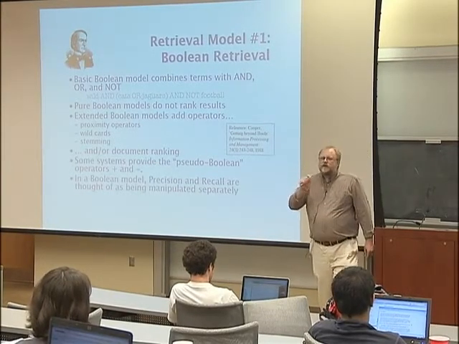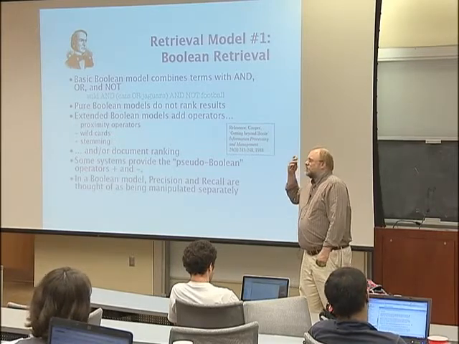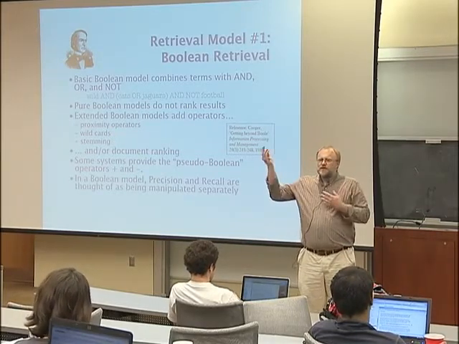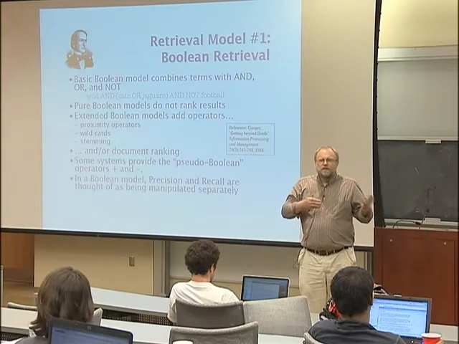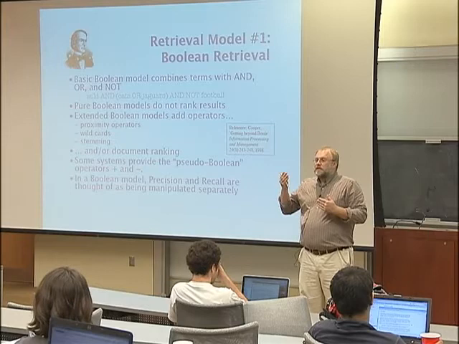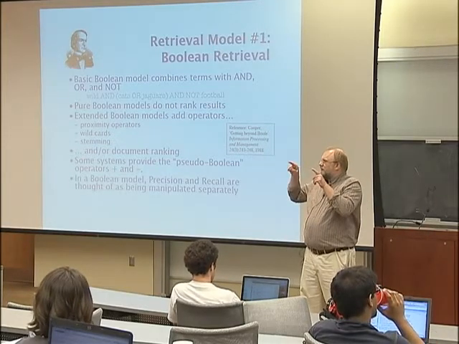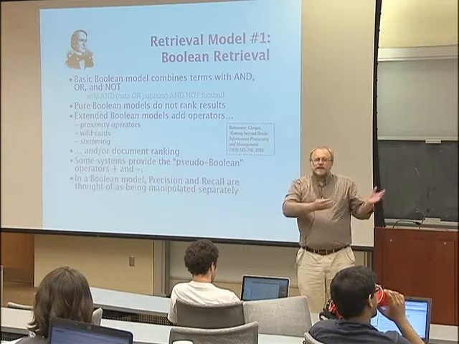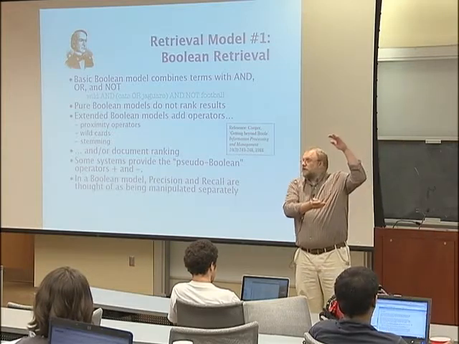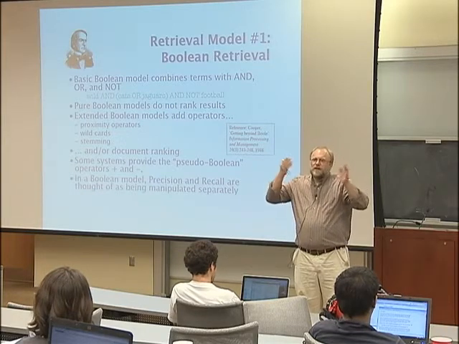So it is from this Boolean kind of system that the idea came along that you could manipulate precision and recall separately. Okay, so in a Boolean system, you're just getting back a set of results. If you do stemming, that is, you conflate words that all begin JUGGL, you are going to increase the number of documents you get back in that set, right? And maybe nothing else is going to change.